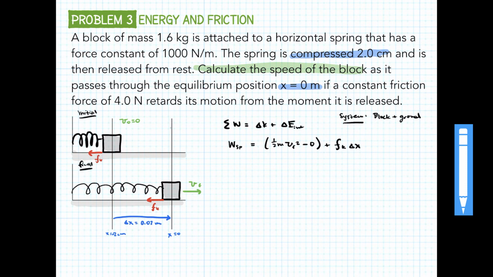What's tricky about the spring is because work done by a spring force is variable, we have to write this as the integral of kx dx from 0 to 2 centimeters, which ends up being 1/2 kx squared, but let's just get there.